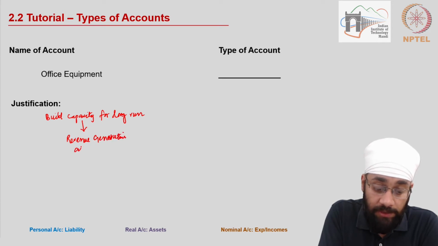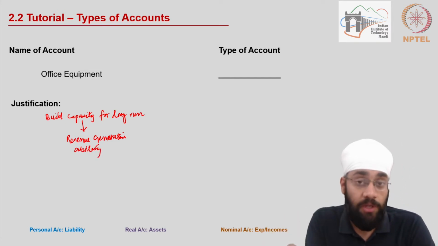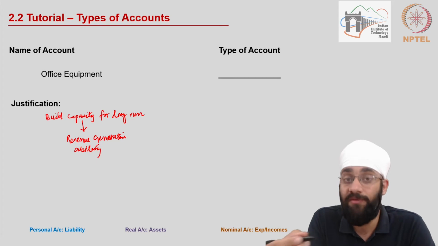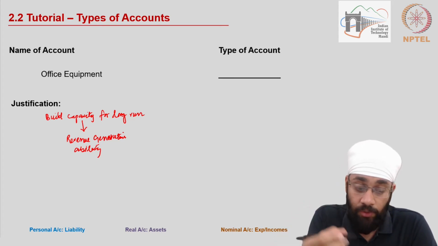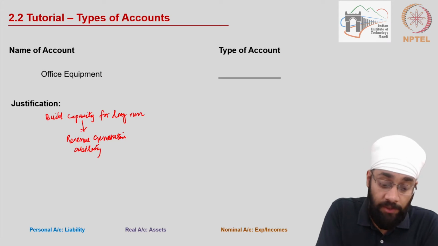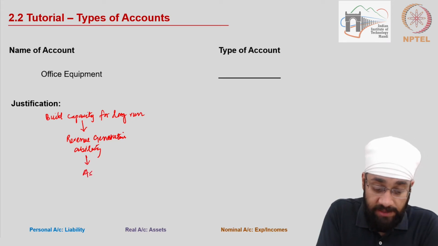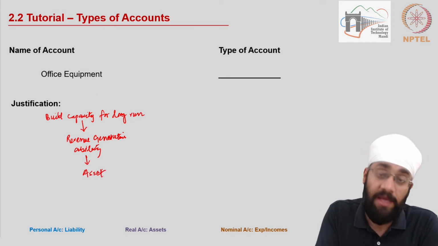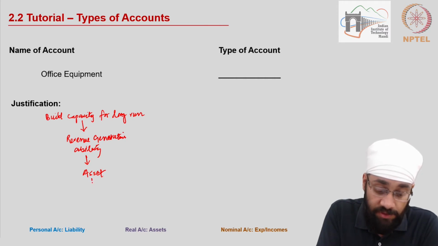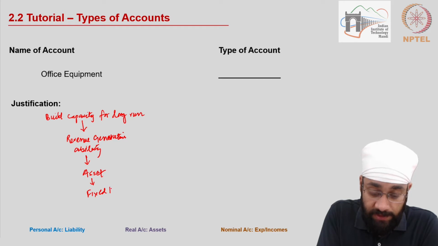So the office equipment is going to exist for more than 1 year, and it is going to help make revenue over a long period of time, which means this is an asset clearly. And within assets, it's kind of a revision for you, this is a fixed asset. This is a fixed tangible asset.